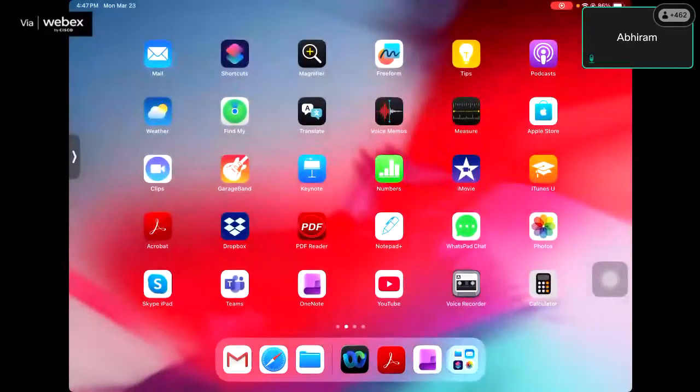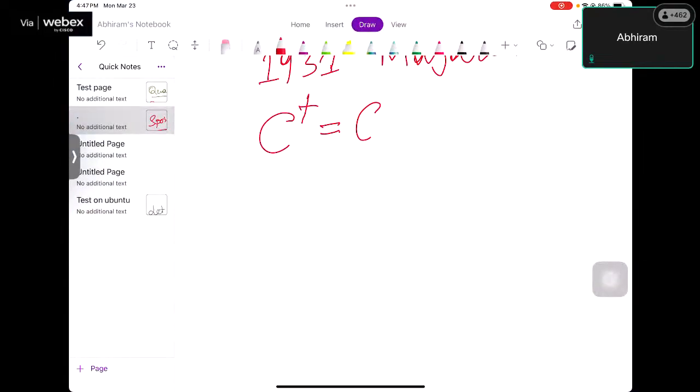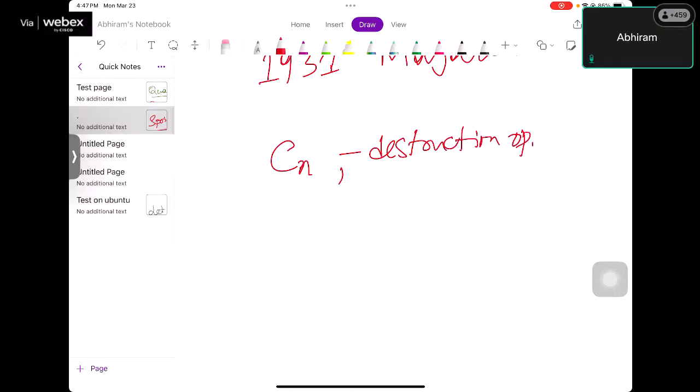Now we have creation operators and annihilation operators, right? Cn is the annihilation or destruction operator for an electron at site n, and Cn dagger is the creation operator for an electron.